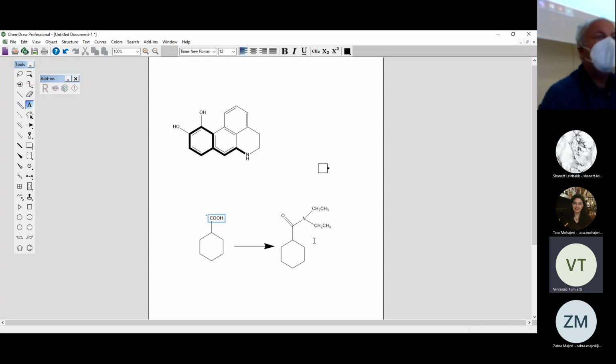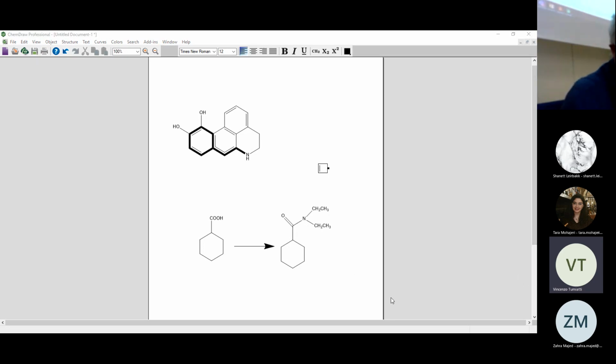In this way, you see, we have transformed the acidic function in an amide, which is less polar. It is not ionized, and so the LSD, the diethylamide of lysergic acid, can reach very easily the CNS. This is the transformation that the chemists make on these molecules to increase the lipophilicity, to increase the activity of the natural compound.